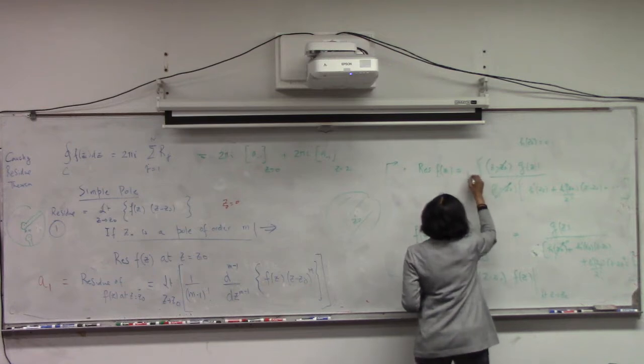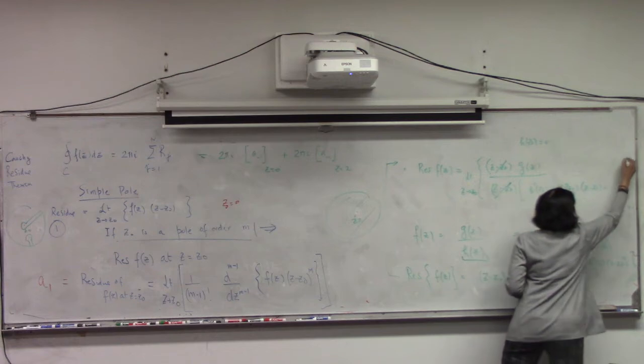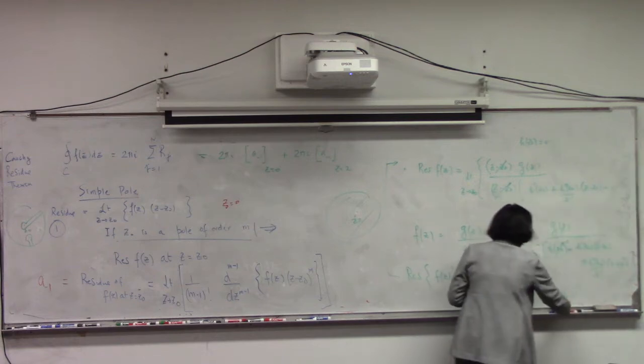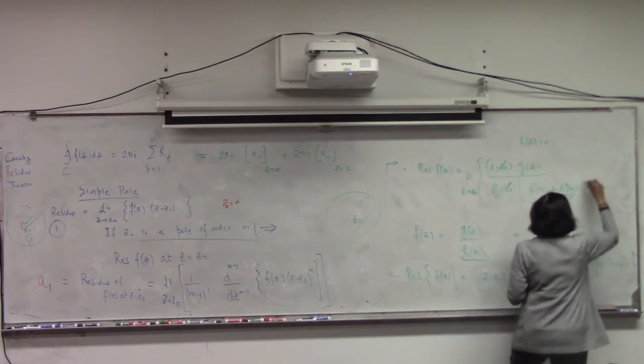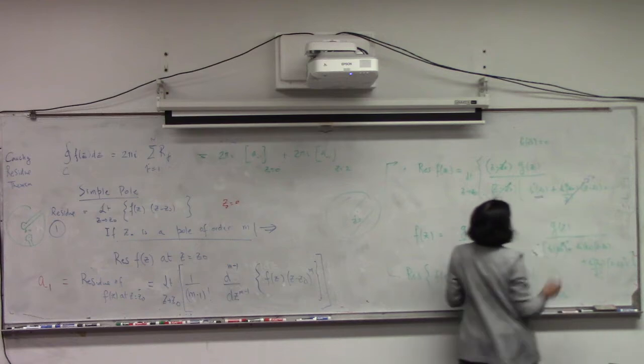So in the limit z tending to z naught, these terms become 0. The only thing which remains is that.